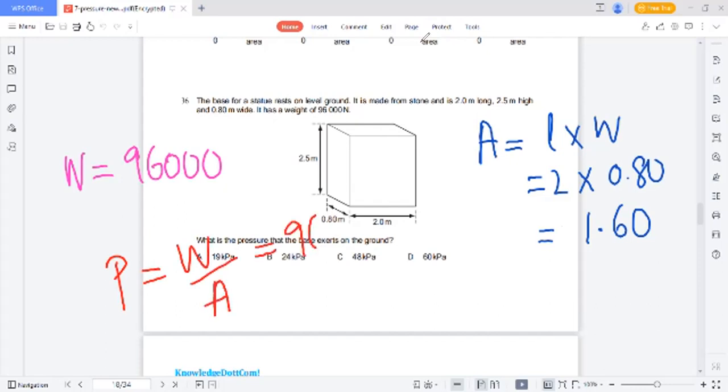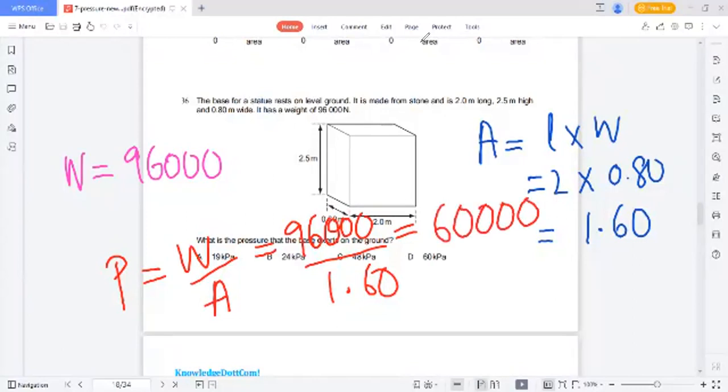Weight is 96,000 and area is 1.6. So now you can use a calculator. It would be 60,000, and 60,000 can be written as 60 kilo. Pascal is Pa. So this is how you will calculate the pressure.